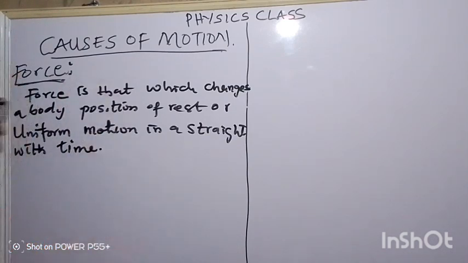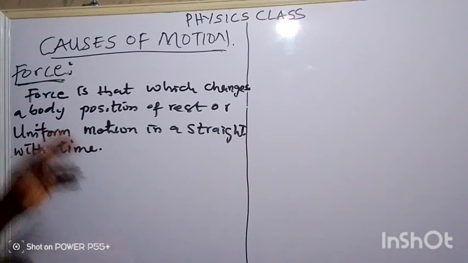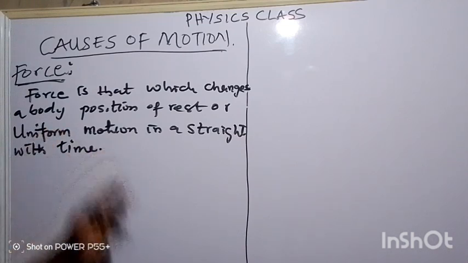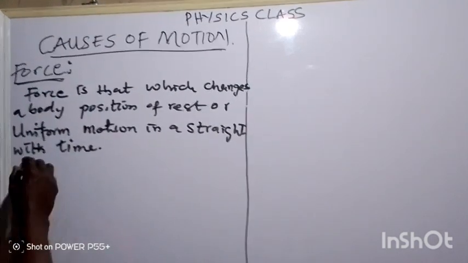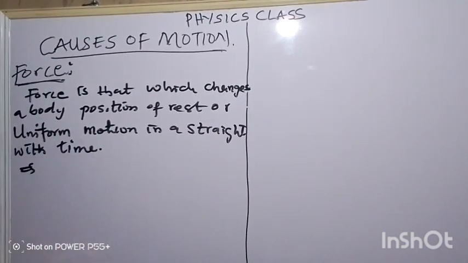See, that entity that changes the body position of rest or uniform motion in a straight line with time is what we call force. Now, let's add more facts about force.